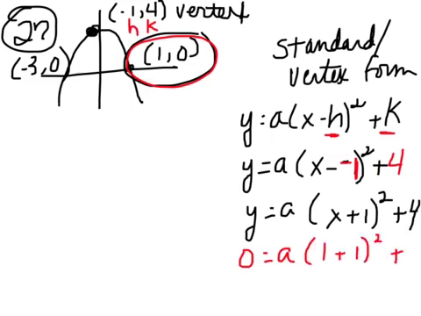Could have picked the other point; this one just seemed easier. That would be a times 1 plus 1 is 2 squared, and 2 squared would be 4, plus 4. So 1 plus 1 squared is 2, 2 squared is 4.